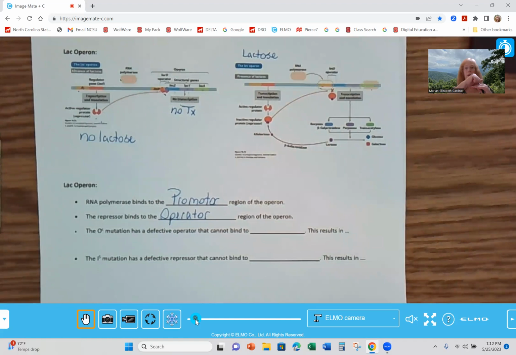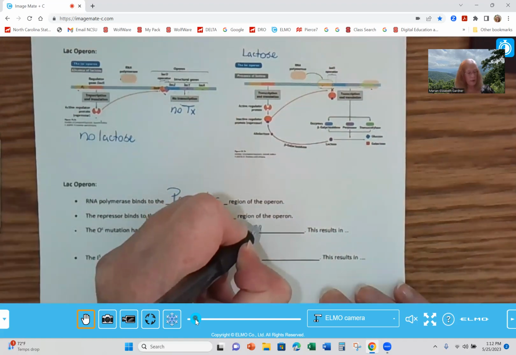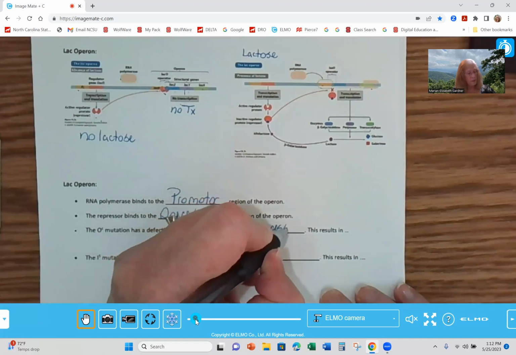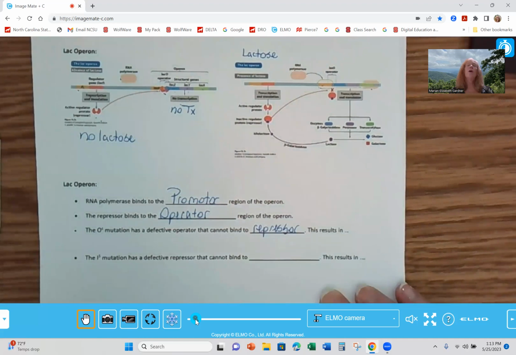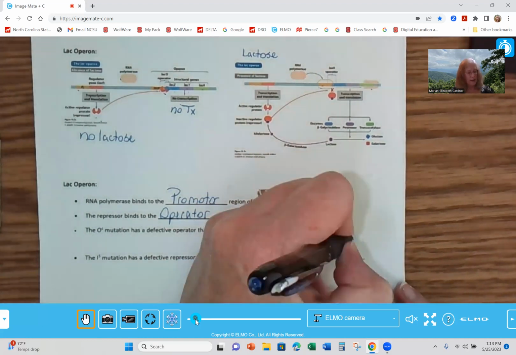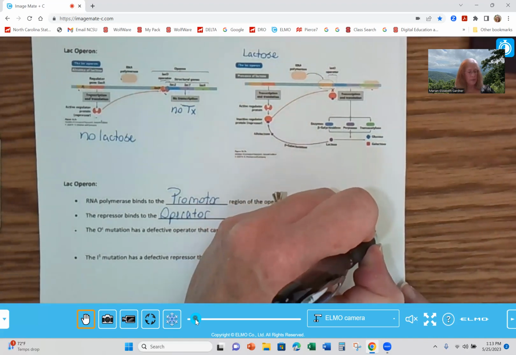And if that operator is mutant, they won't fit together. So that means the operator cannot bind to the repressor. And that means we have what we call constitutive production of the gene products. So we can say transcription occurs.